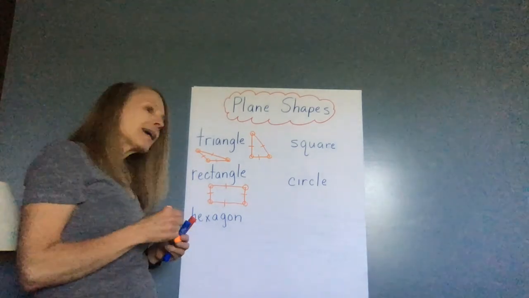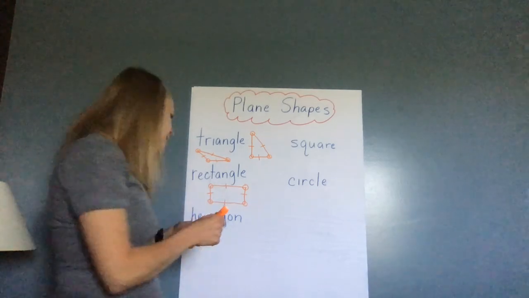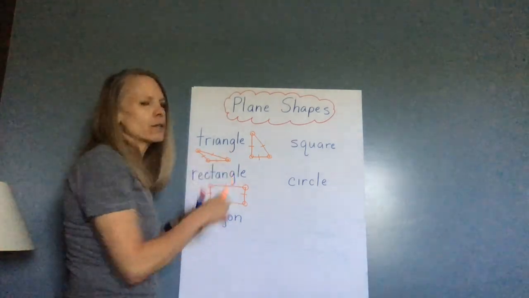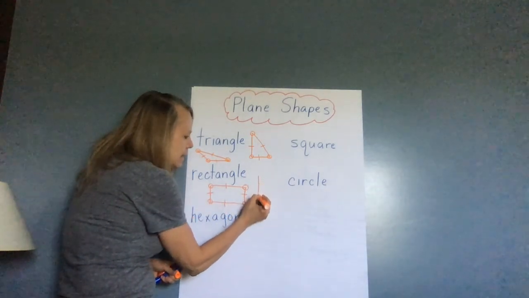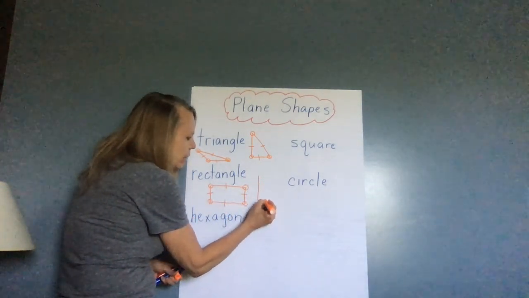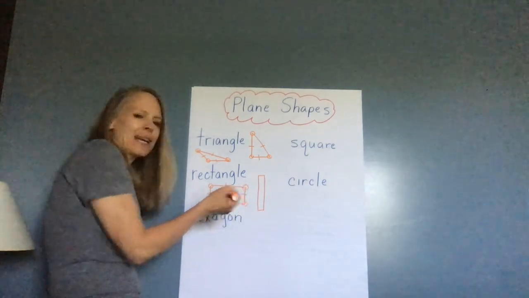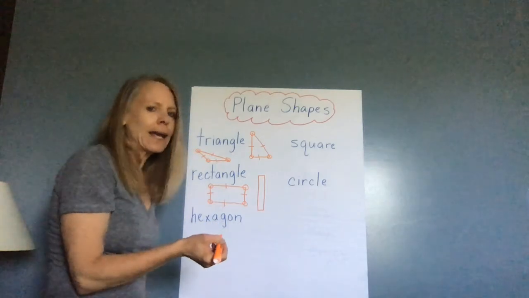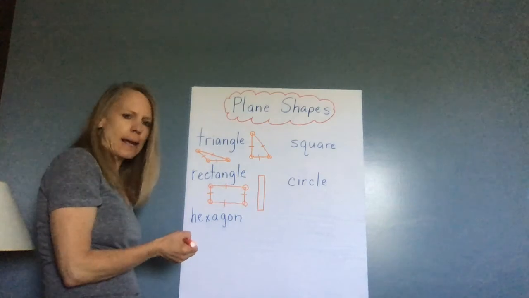Now, a hexagon has 6 sides. Now, let me come back to the rectangle because when I draw a rectangle, the key is it just has to have 4 sides and 4 corners. It can be drawn whatever way as long as the 2 opposite sides are the same.